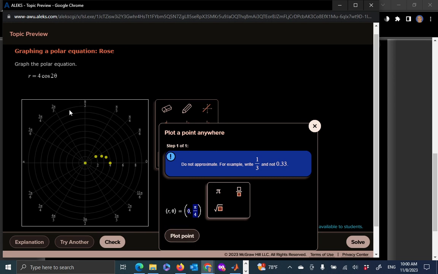After pi over 2, I have 2 pi over 3. I divide that by 2, so I'll have pi over 3. When we double that, it becomes 2 pi over 3. Cosine of 2 pi over 3 is going to be minus radical 3 over 2.